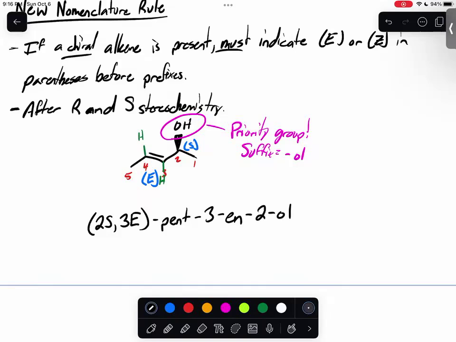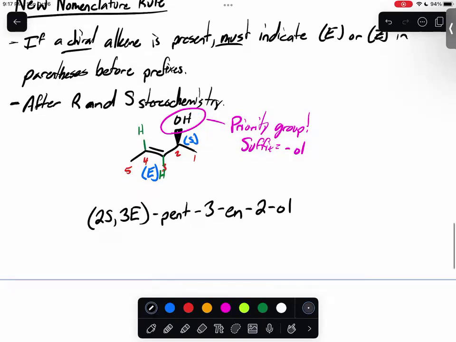So overall, this IUPAC name is 2S, 3E, pent-3-en-2-ol. Okay, so with that being said, there's more of these that are practice problems in your practice worksheet for this week. I suggest to try those out if you need some more time to try nomenclature.